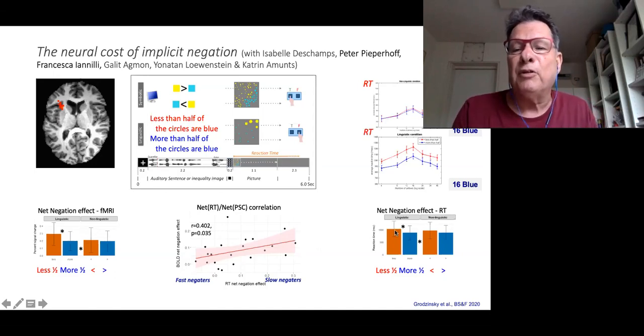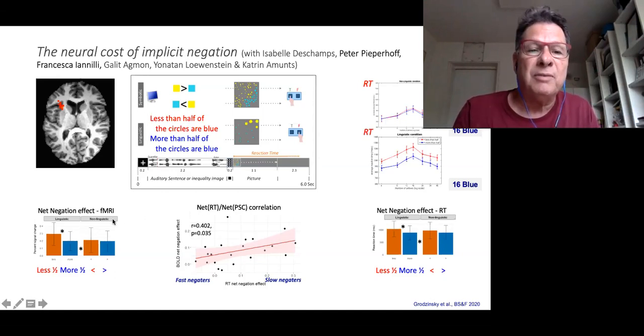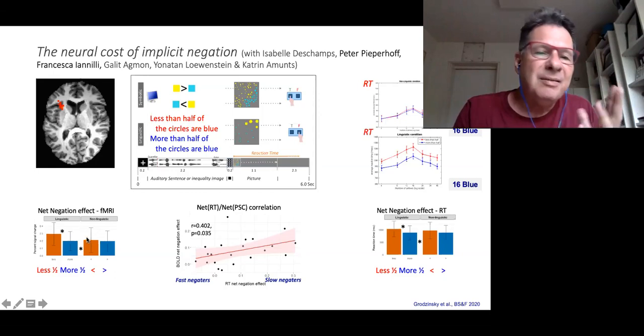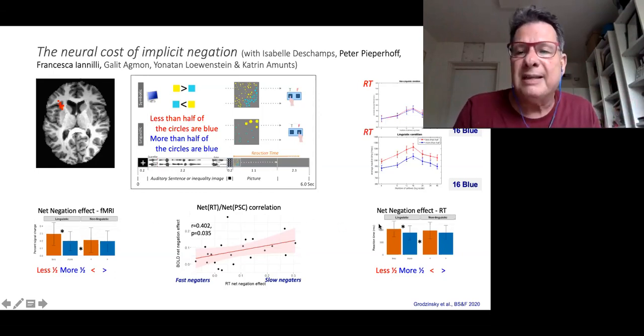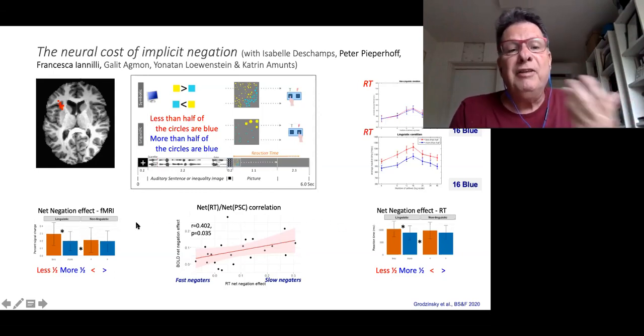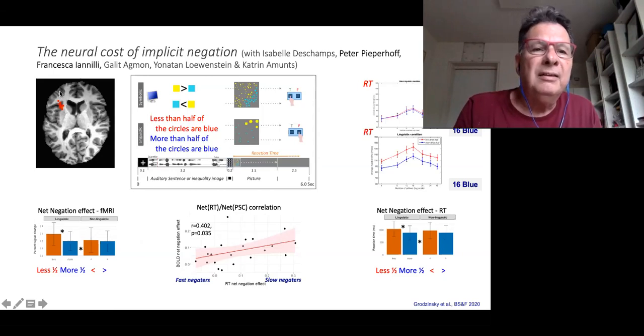So that means that if you're actually a slow negator, you work hard. You can think about it as if we now have a clear hypothesis about the processing cost of negation and its relationship in the brain. But let's leave this hypothesis aside. I'm just giving you arguments to believe that this area that we obtained is for real.